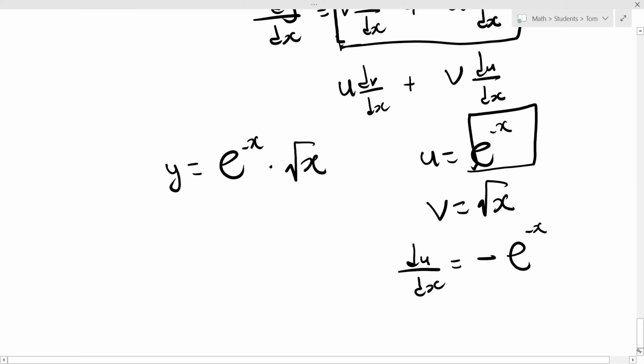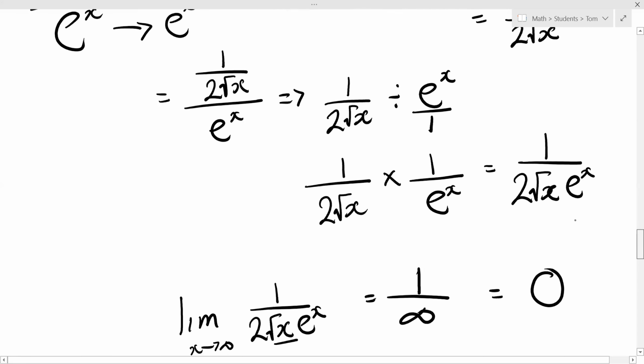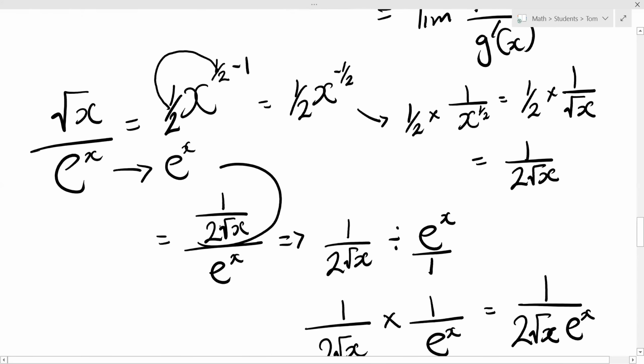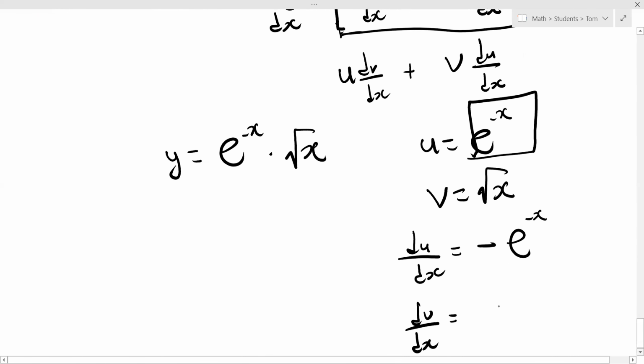And then dv dx, the derivative of square root of x, I think we did that before, is 1 over 2 root x. Now we have all the things we need.